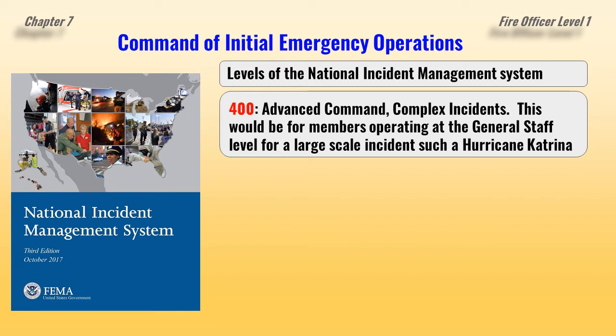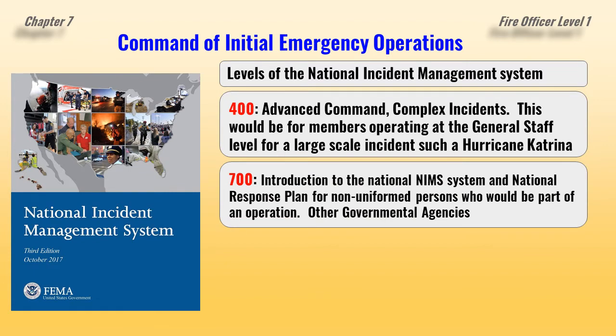This really wouldn't apply too much or at all for the local level, the local incident commander. This is more for a state or statewide, nationwide, or regional-wide type of command model for large-scale natural disasters. Probably the best way to institute it.